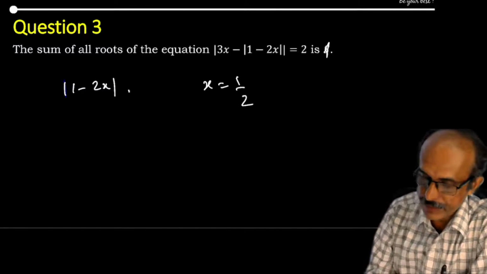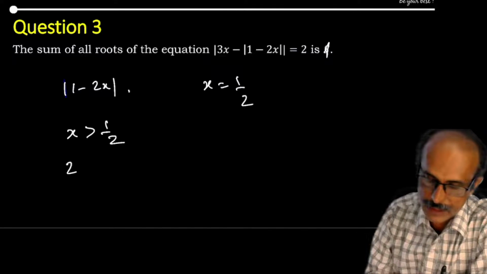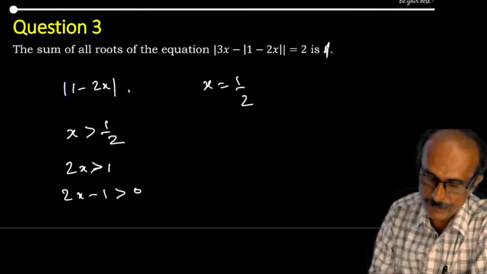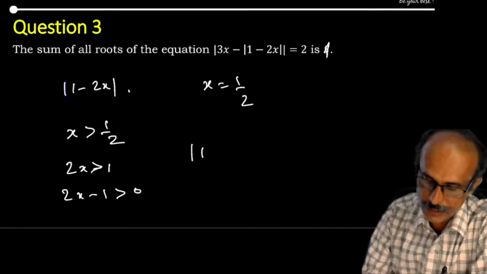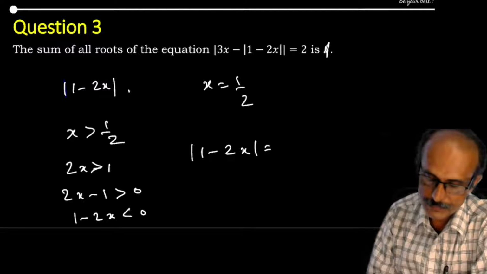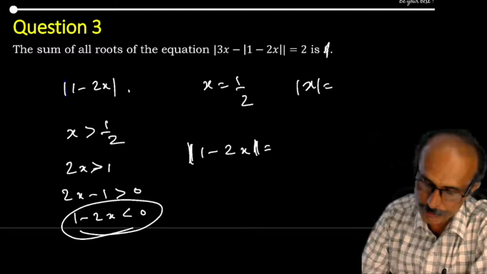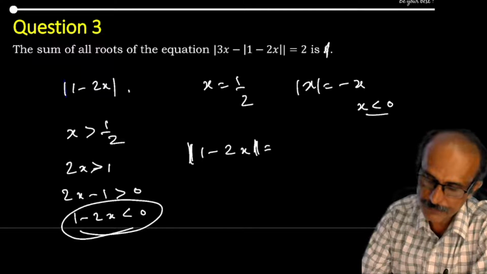So what happens if x is greater than 1 by 2? Then 2x is greater than 1, 2x minus 1 is greater than 0, so 1 minus 2x is negative. Since this quantity is negative, mod of it should be equal to the negative of this, because mod of x equals minus x whenever x is negative.